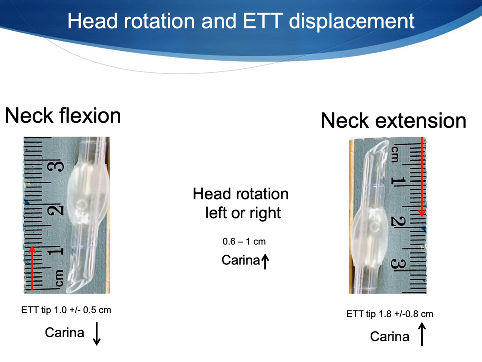If you extend the baby's neck or the child's neck, the endotracheal tube is going to pull out, and therefore you could extubate the child. And as you saw on the previous slide, we're talking a small amount of margin of safety for the endotracheal tube to move before it's extubated or endobronchially intubated.